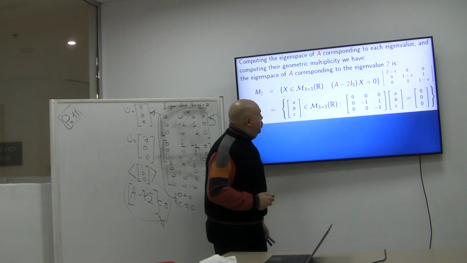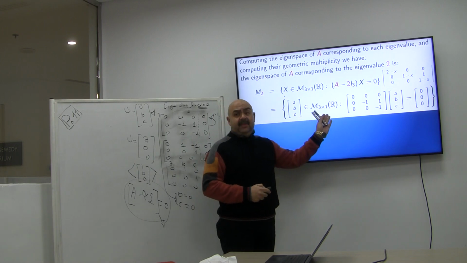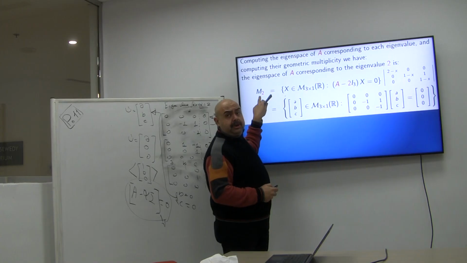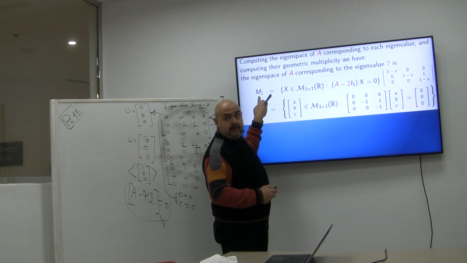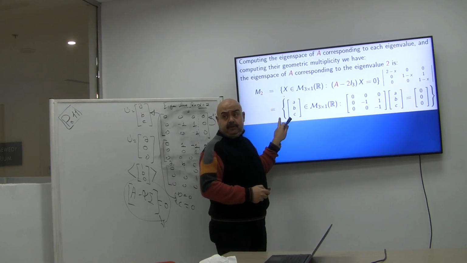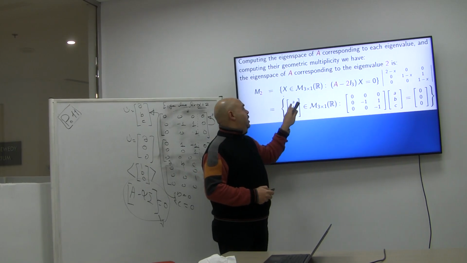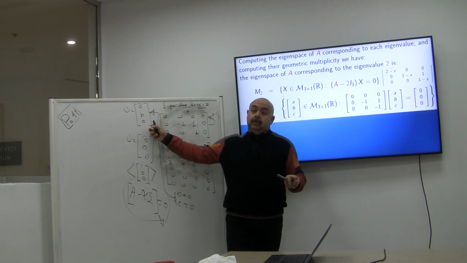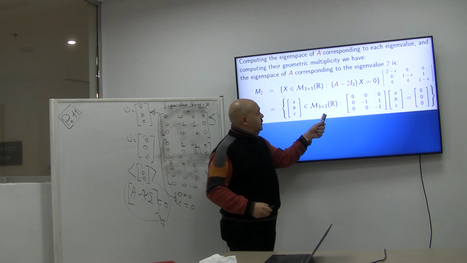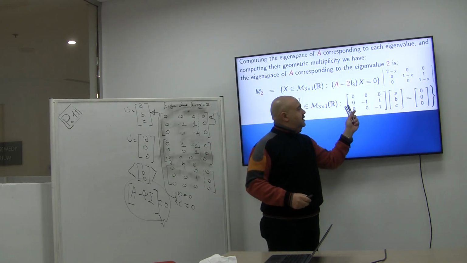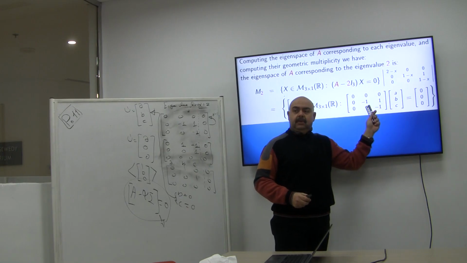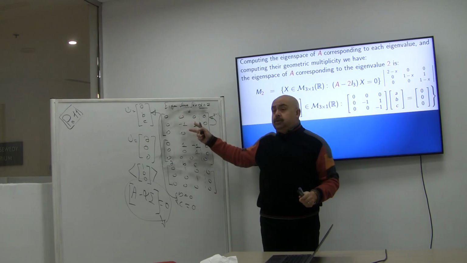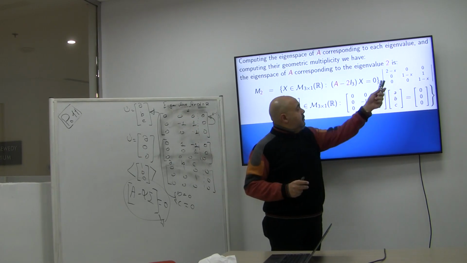So once more, he's writing this as a set, M2, which is the eigenspace corresponding to alpha equal 2. It is the set of all vectors of the form (A, B, C) that belong to a column vector, such that the system that you can see now, a homogeneous system, which you have obtained by just substituting the value of 2 in the main matrix.